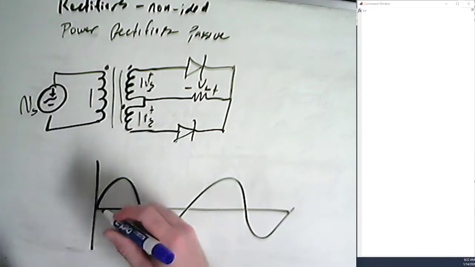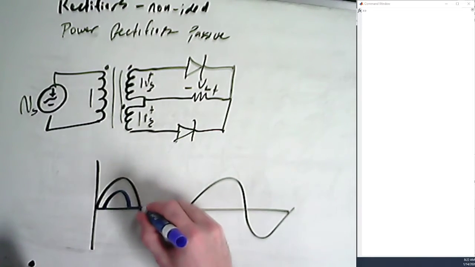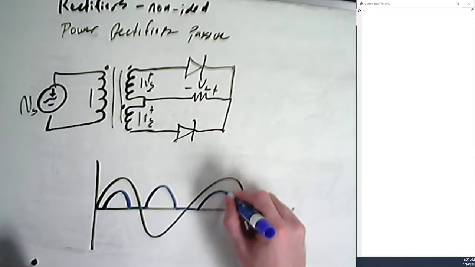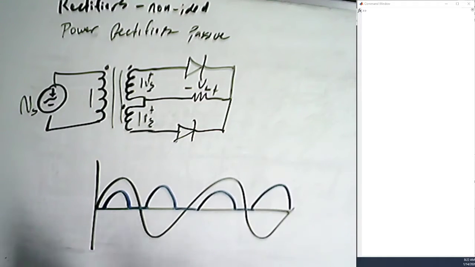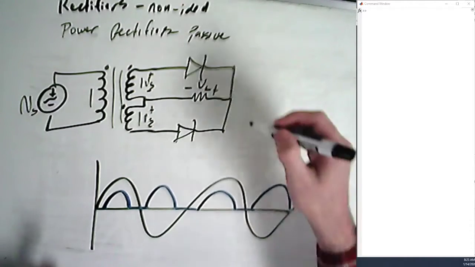It's going to look a lot like the bridge rectifier, right? Okay, no question there that we get a bridge rectifier thing going on. But the whole trick with this is that we're only going to have to go through one diode at this point.